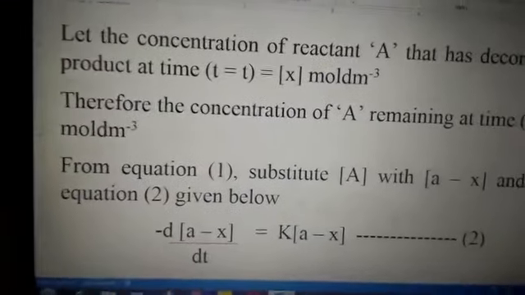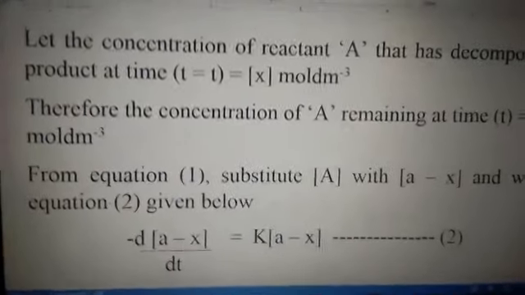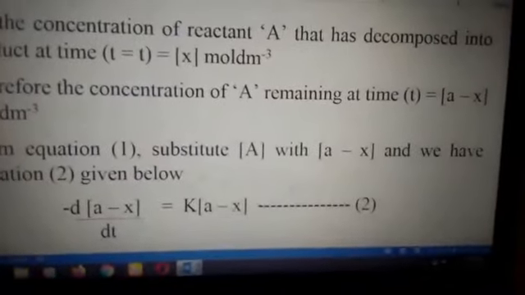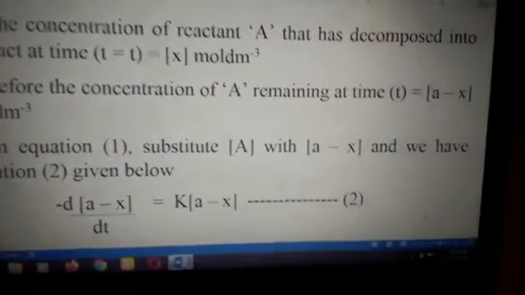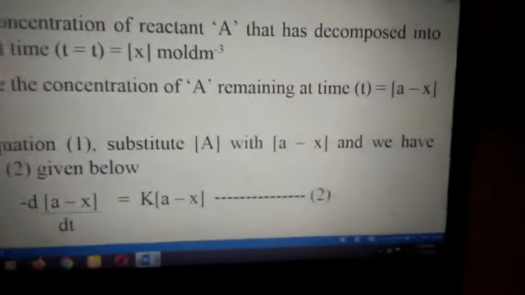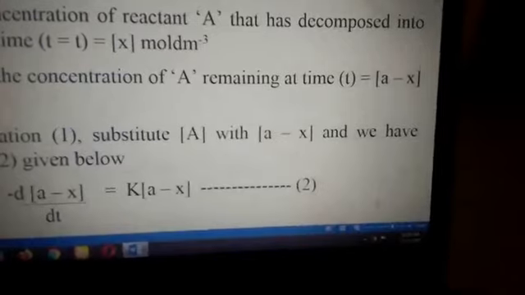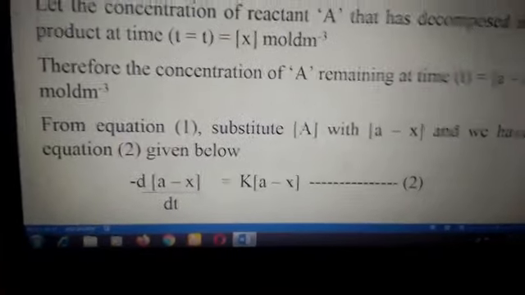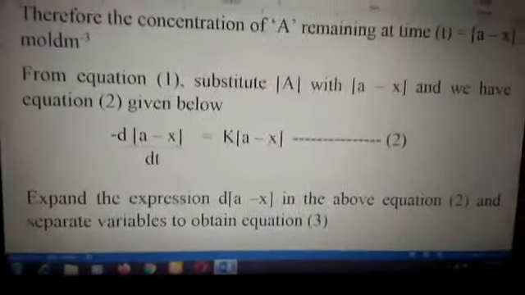So having done that, from equation 1, which is the equation we had before, substitute the concentration of A, big A in bracket, with a minus S. So we now have equation 2. How do we get equation 2?